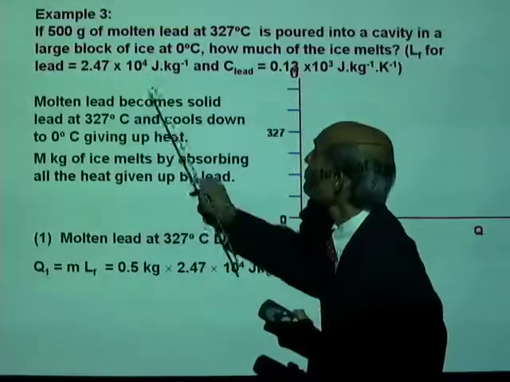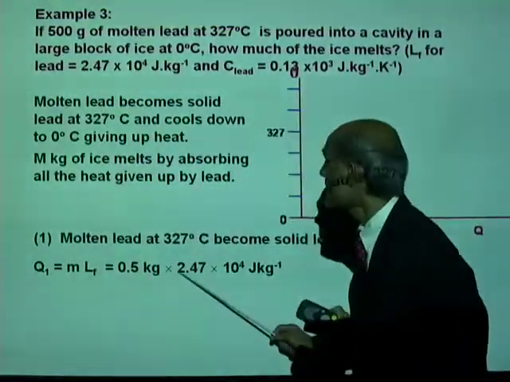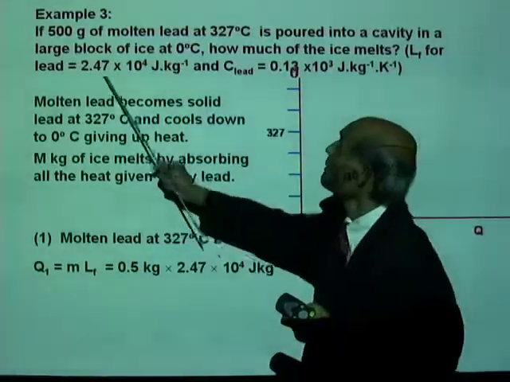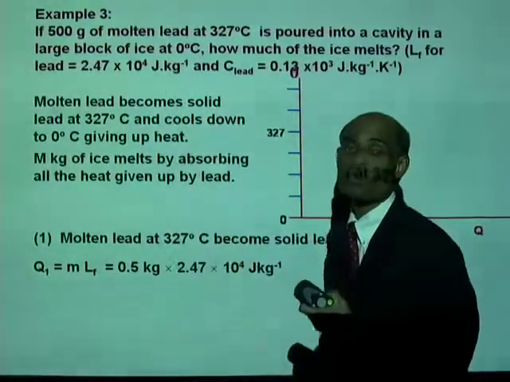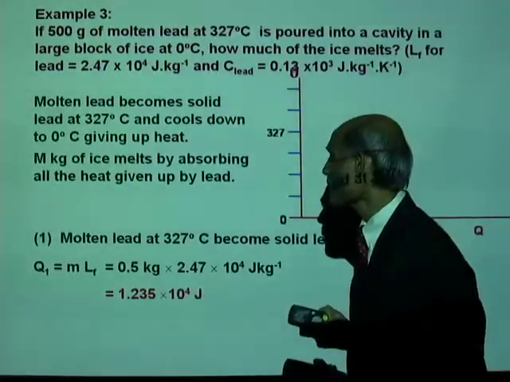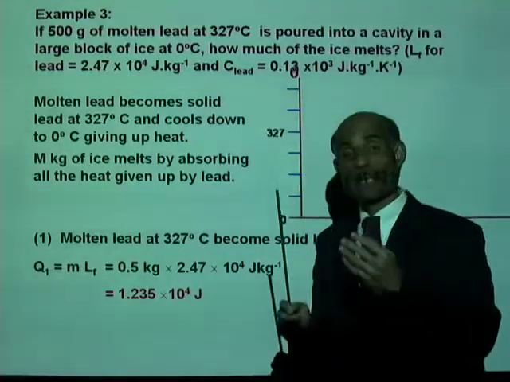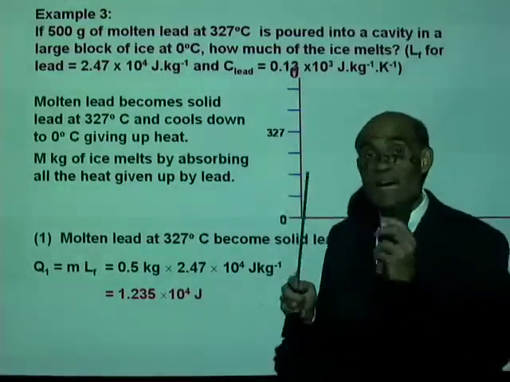That is, mass is 0.5 kilogram, 500 gram, and the latent heat of fusion of lead is given as 2.47 times 10 to the 4, and that will be 1.235 times 10 to the 4 joules is given out during that stage.